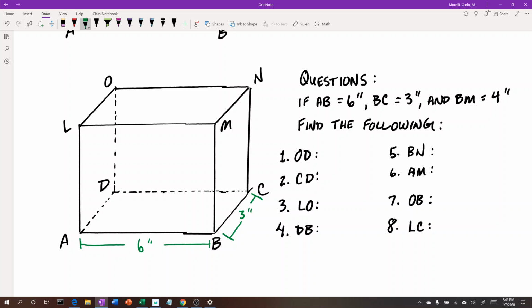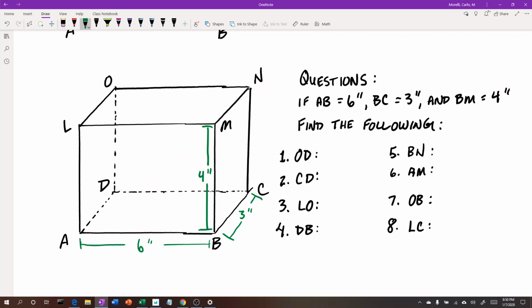BM is 4 inches. That's this height. And that's all we know.